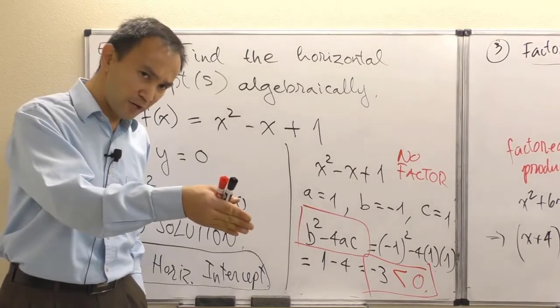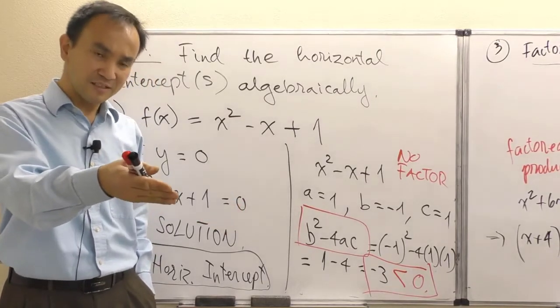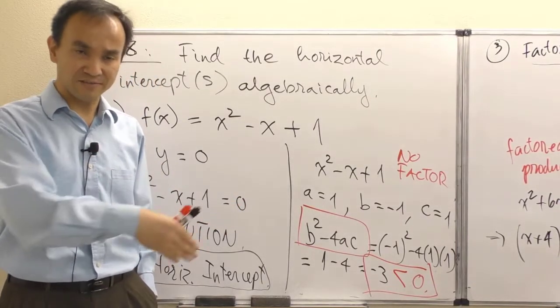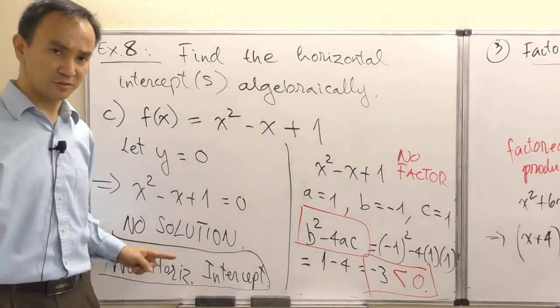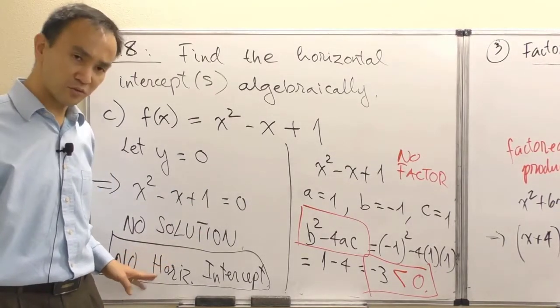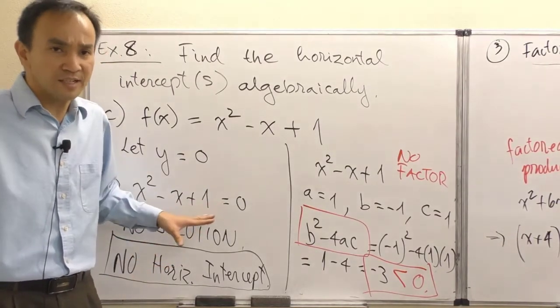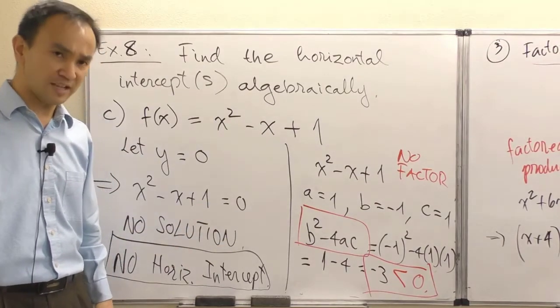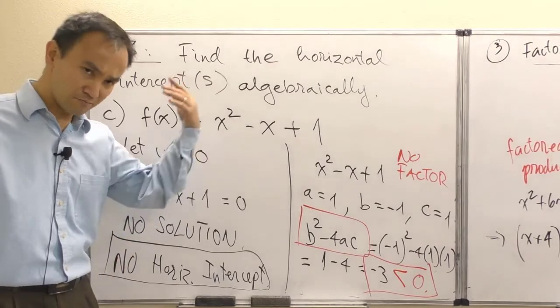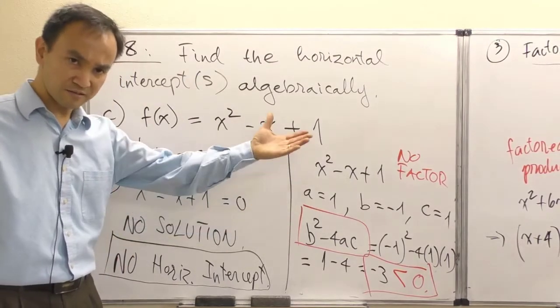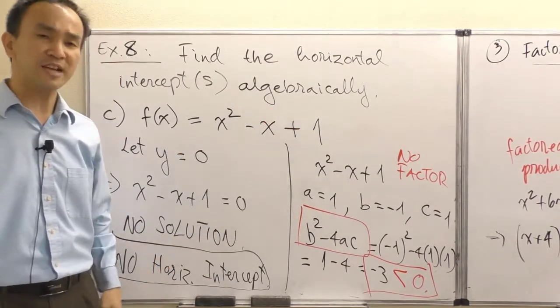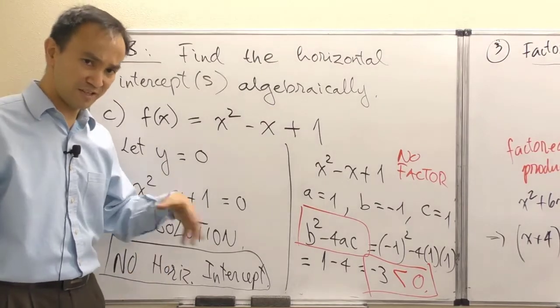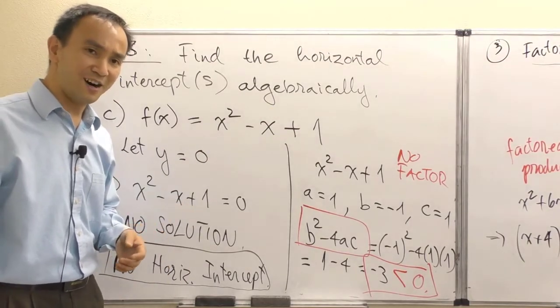A given polynomial may have horizontal intercepts, and may not have any. This is the case here. It's not only quadratics that sometimes have no horizontal intercept; some polynomials may not have any at all. We will keep getting more and more into that.